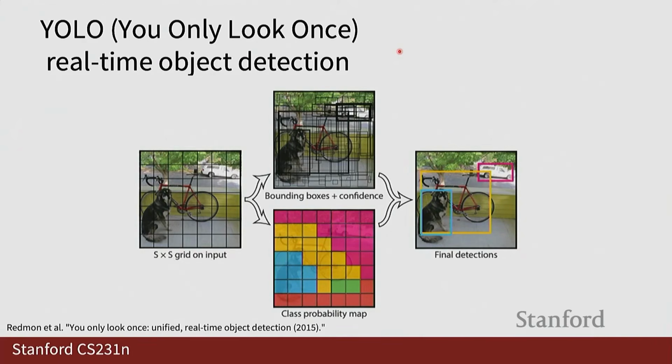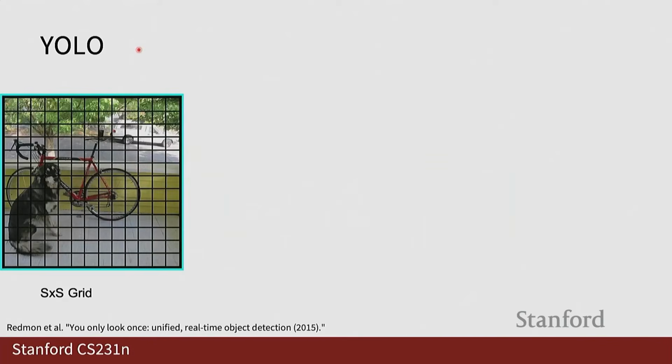What YOLO does, I want to tell you very briefly. You look only once, with one single pass on the image, and you generate all of the bounding boxes. It does this by dividing the image into a grid of S by S, and in this example, it's 7 by 7.